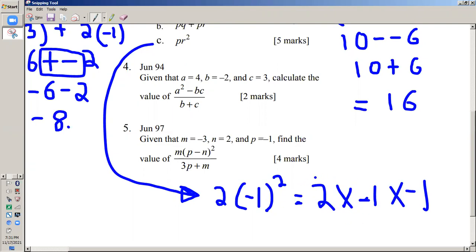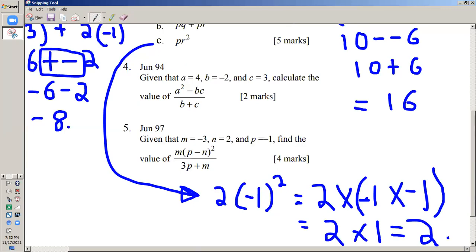What did you do right here? I just put 2 in bracket and negative 1 in bracket square. Negative 1 times negative 1, negative and negative equal positive. 1 is 1. So 2 ones is 2.